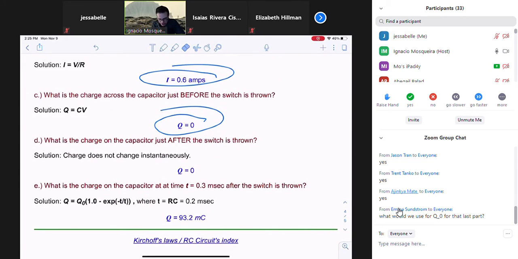The way to do this is to figure out what is the charge at any one time. What is the charge on the capacitor at time t after the switch is thrown? So you put the t in here, and the Q0, okay.